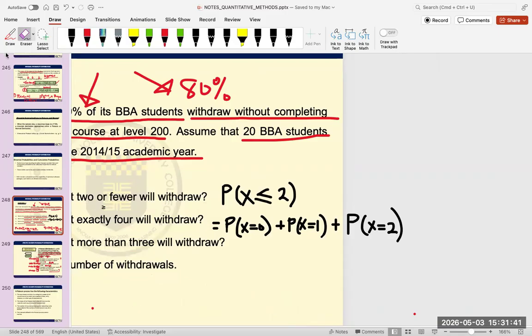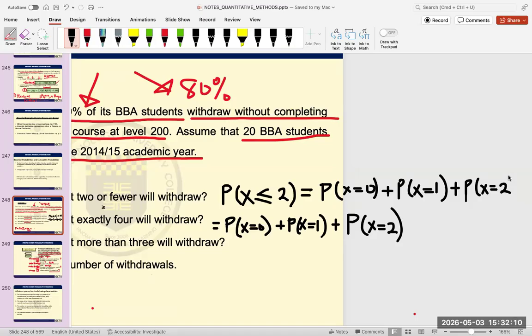So let me write it beside it before I pick the next one. Probability of nobody withdrawing plus probability of one person withdrawing plus probability of two people withdrawing.